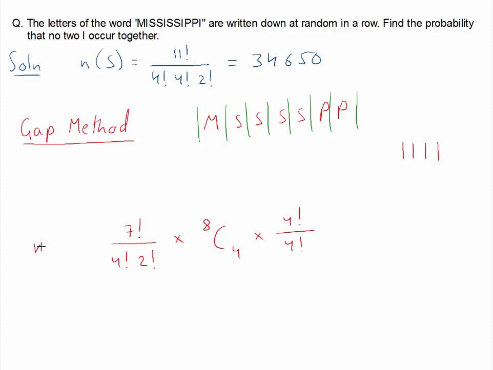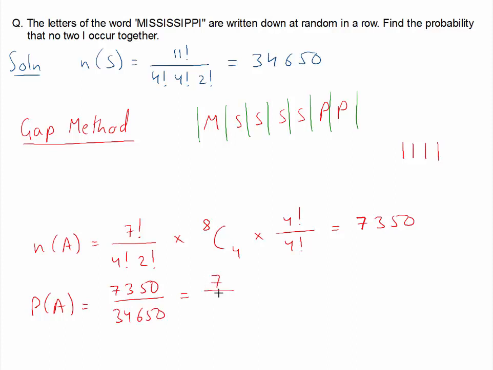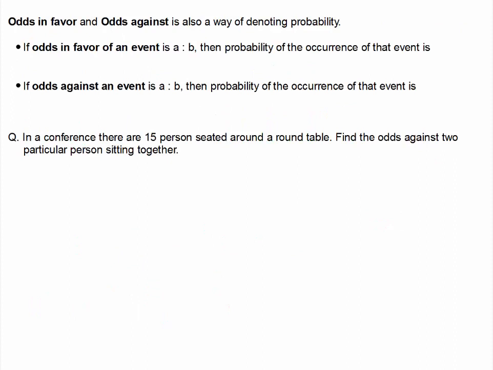So this would be n of A, which would come out to be 7,350. So therefore probability of A would be equal to n of A divided by n of S. So that's 7350 divided by 34650, which upon simplification will give 7 divided by 33.